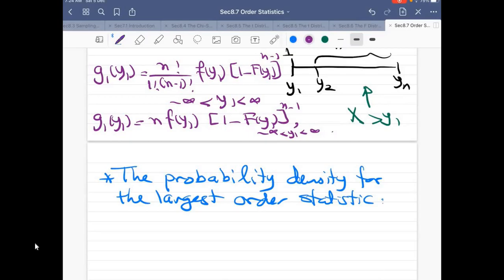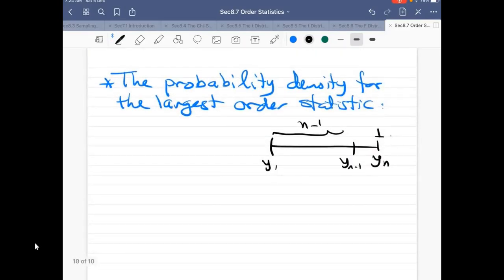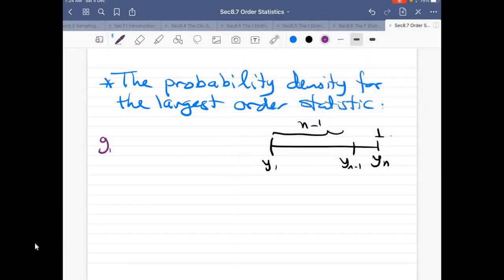In the case of the maximum, I have this is yn, and before it I have y sub n minus 1, and here y1, I have smaller than the maximum n minus 1 random variables, and it accounts for itself total n variables, and this will give me gn of yn. Gn of yn is n factorial divided by n minus 1 factorial into 1 factorial.